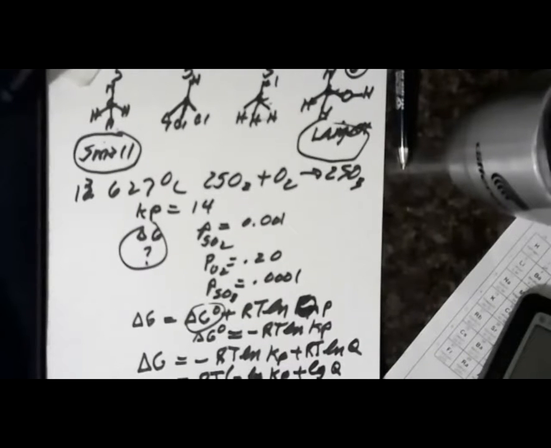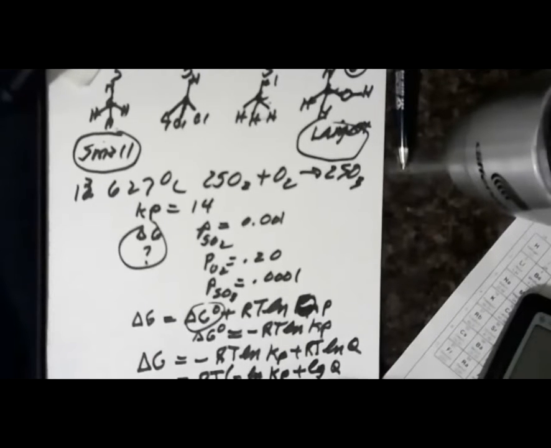That's the same thing as the log of the ratio: RT times the ln of Q divided by K. Okay, so all I've got to do is do my plugins now.